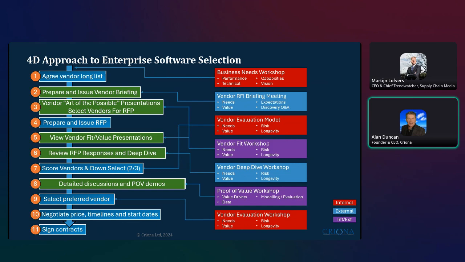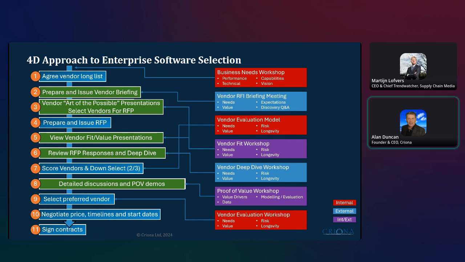Now we then go into the process with that foundation. But what we're doing now is, the underlying principle is we are starting to form a partnership with the vendors from day one. Those vendors understand what they do better than anybody.